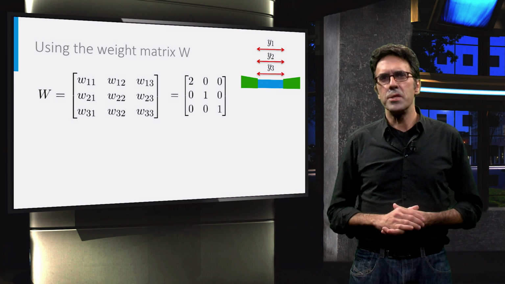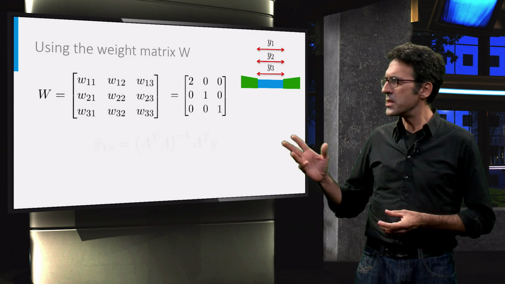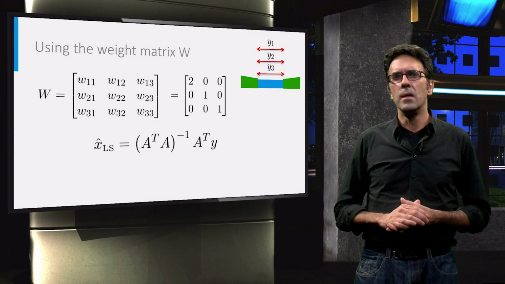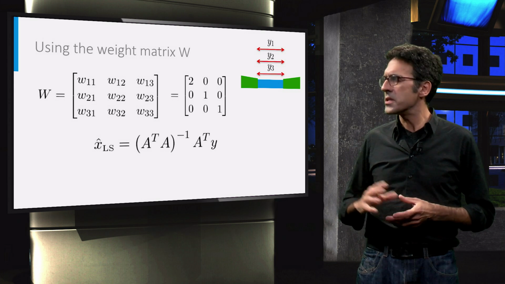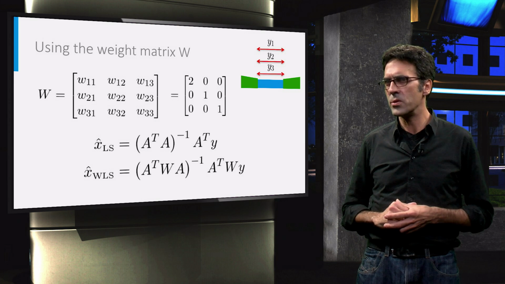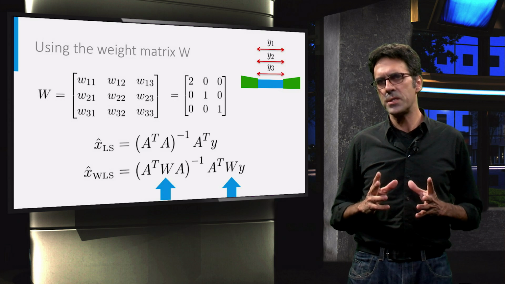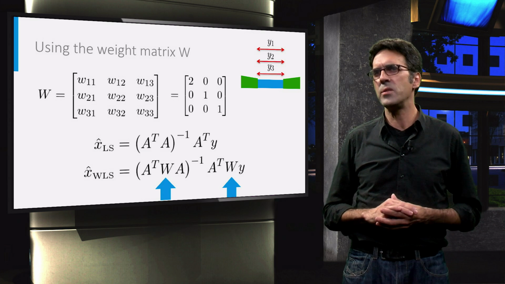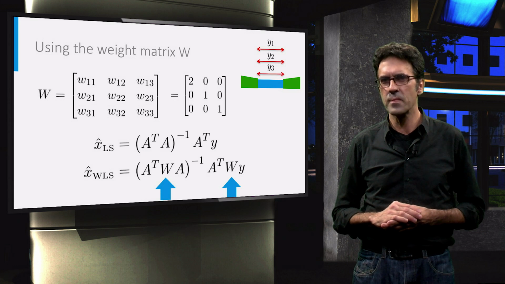If the solution for the standard or unweighted least squares estimate is this equation, then the solution for the weighted least squares estimate is this equation down here. Here we see that the weight matrix W appears twice. Since we introduced this without proof for now, let's see whether it works for our example of the canal width estimation.